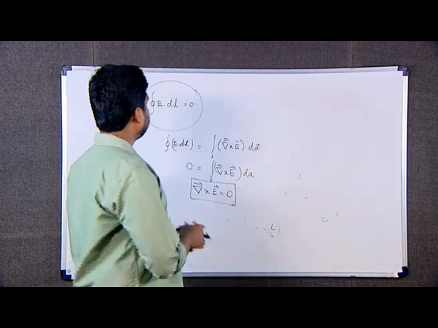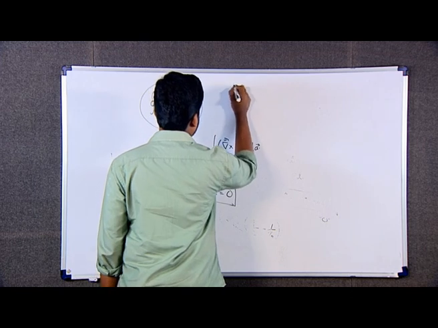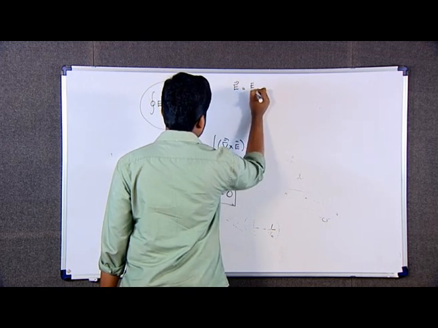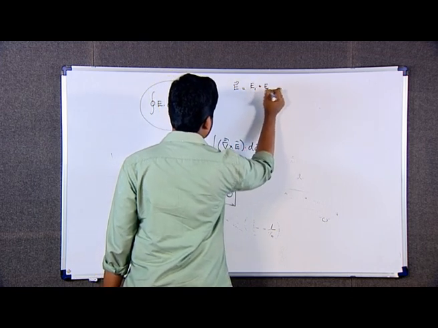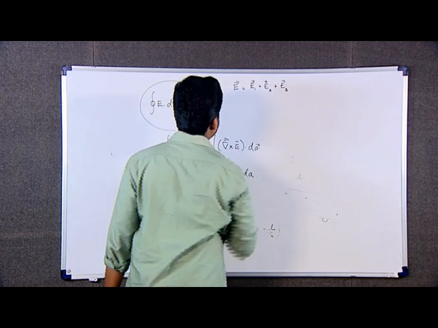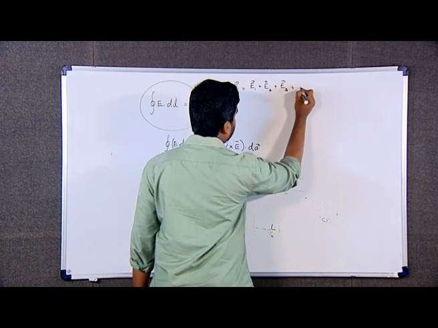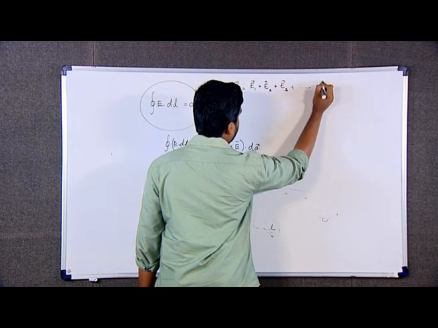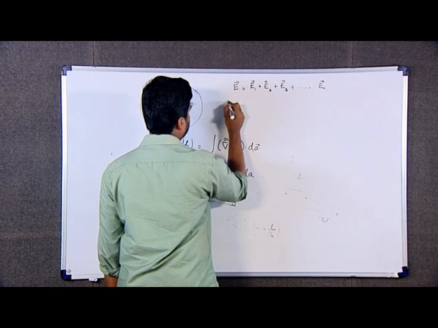Now, if the electric field is the sum of electric fields produced by different charges, then E can be written as E1 plus E2 plus E3 up to En. Then what about del cross E?